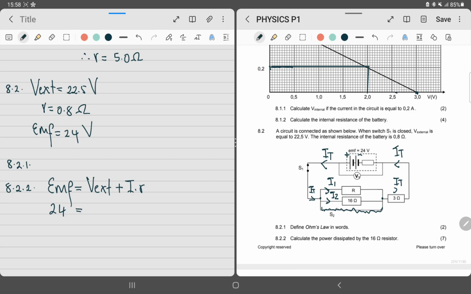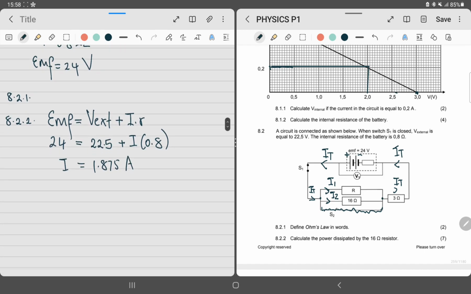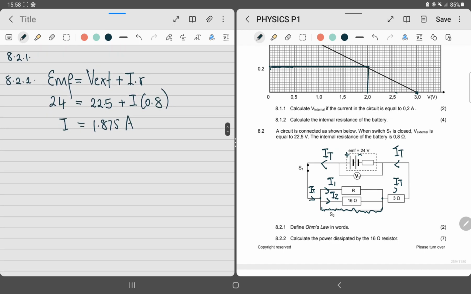EMF is 24, V external is 22.5, the total current, that's what we're trying to get, multiplied by 0.8. I'm getting 1.875 amperes. So this is the total current.